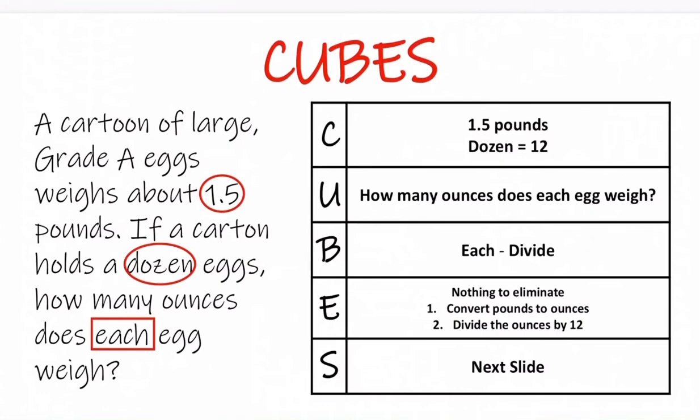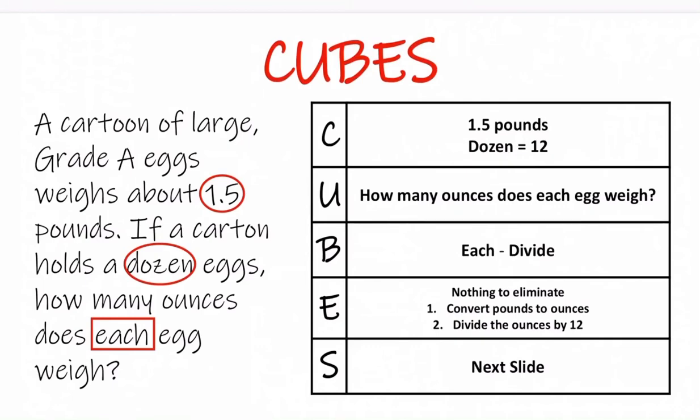Now this is what I'm talking about. We boxed each in that last problem, and we're boxing each in this, but they mean different things. If a carton holds a dozen eggs, how many ounces does each egg weigh in that carton? Each egg weigh, meaning how much does one egg weigh, right?